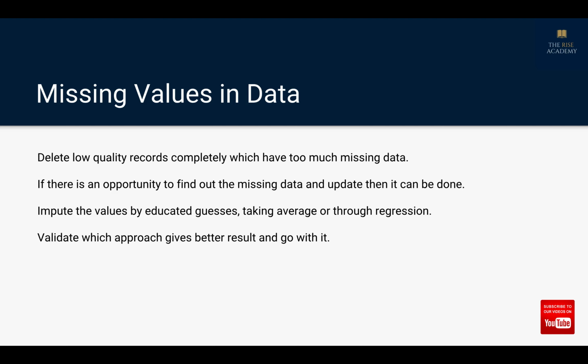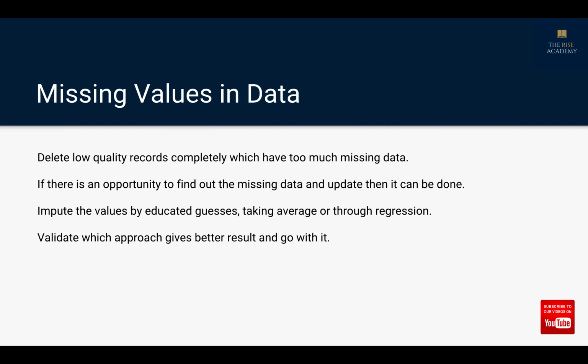Otherwise, you can try to impute the values. You can try to populate the missing data by following a method which could range from making educated guesses, taking some averages, or regression, or you can come up with your own way to impute the missing value and populate it in your data.